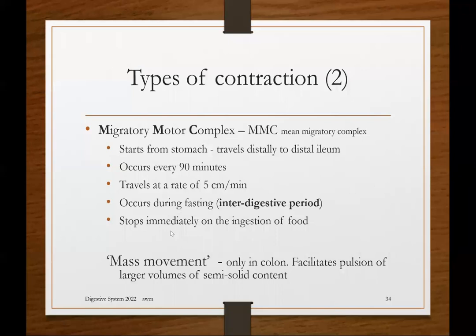And as you can see now, if that is the purpose of this migratory motor complex, then it is very wrong of us to keep nibbling throughout the day, because you don't give this migratory motor complex enough time to remove and clear parts of the digestive system.